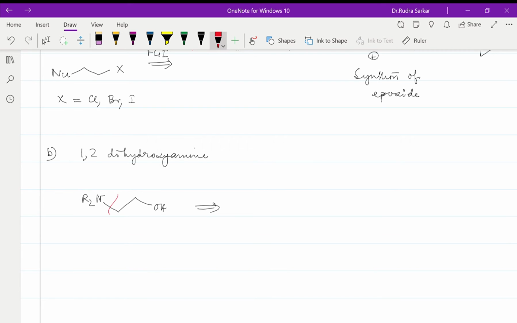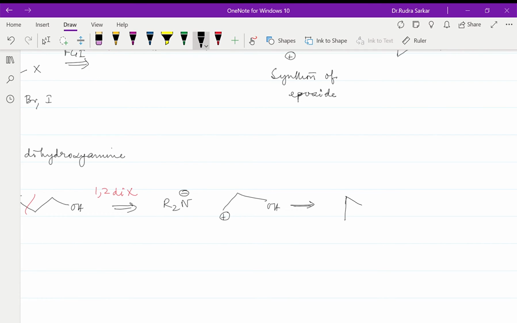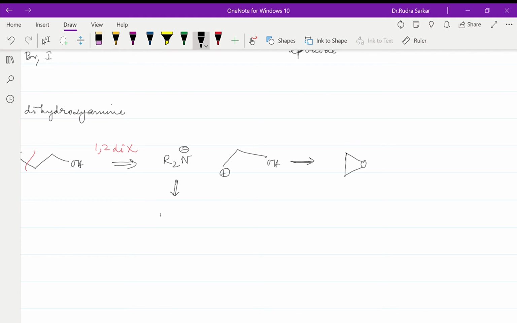We disconnect here. So this is basically 1,2 CX disconnection. The synthons that we generate over here are going to be this one and that one. Now this is a synthon of an epoxide. We have learned this just in the previous section. So we will be saying this is my epoxide, and the reagent for this particular synthon will be basically R2NH.